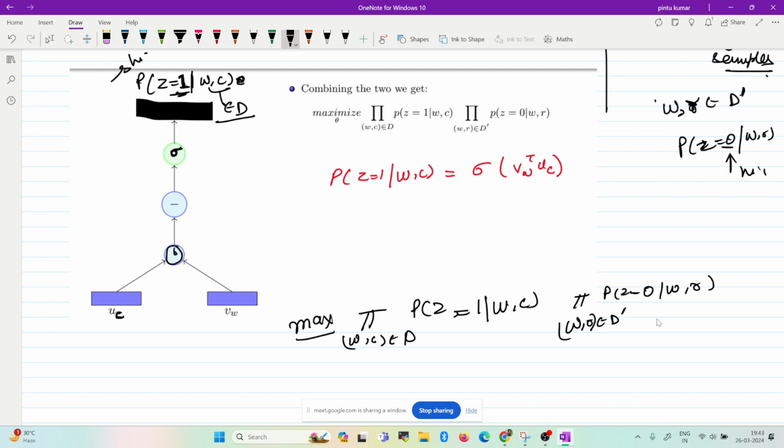One very small thing is that here we won't consider all the negative pairs, because comparing all of them would be very computationally expensive.